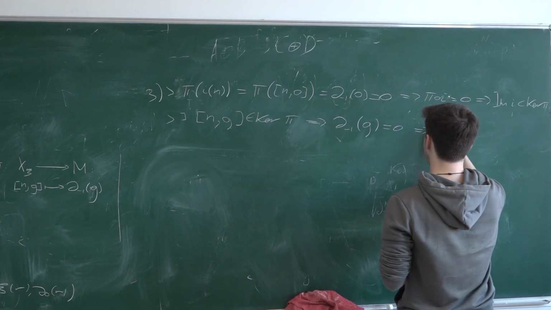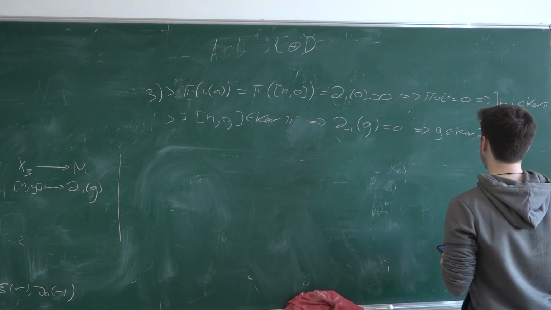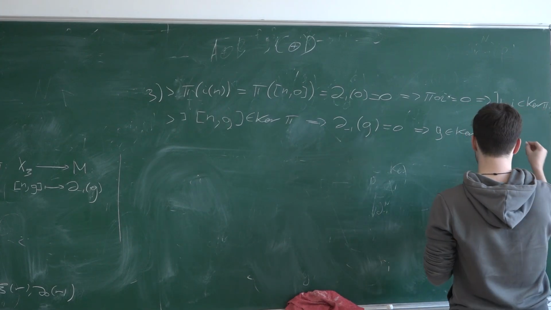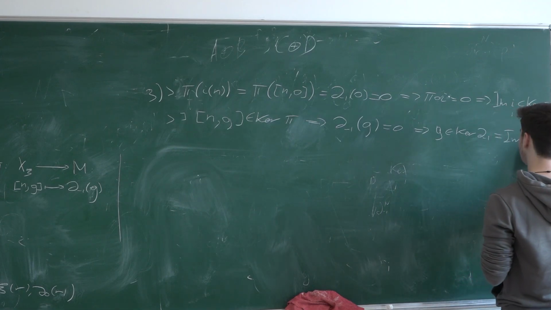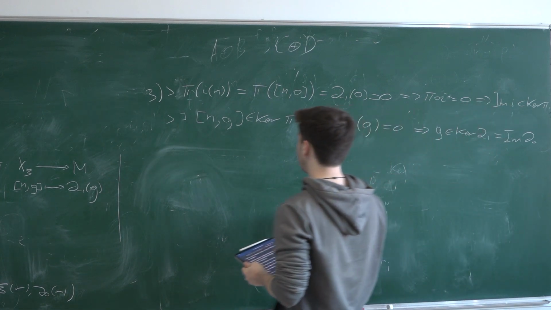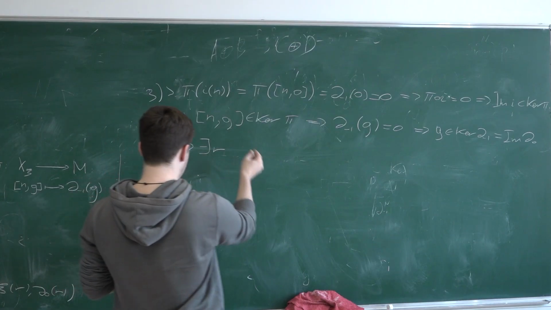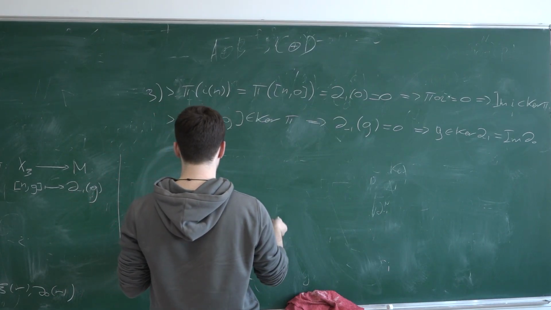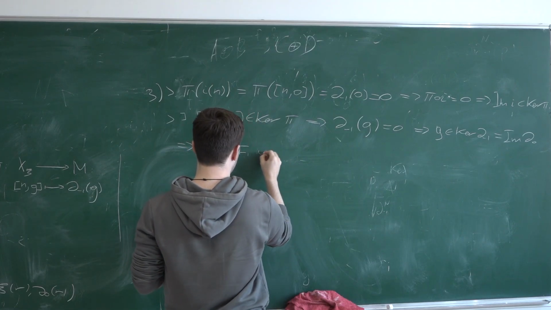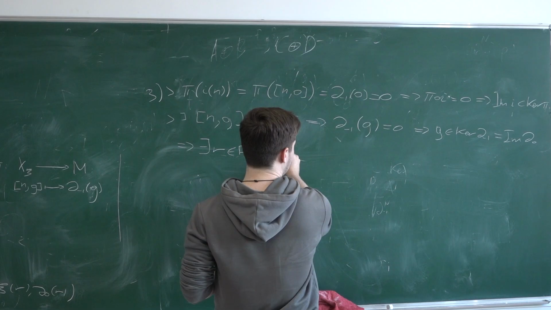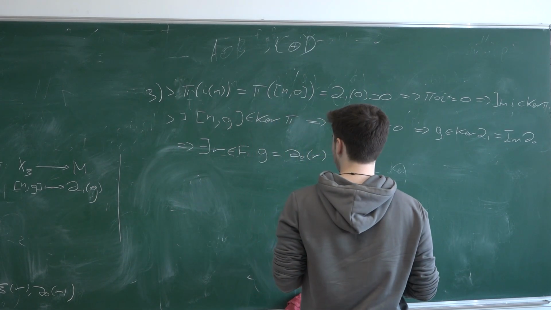And this means that g lies in the kernel of d minus 1. But then, once again, we use that image equals kernel. And this means that there exists some element r from F1 such that g lies in the image of 0, and this is this.